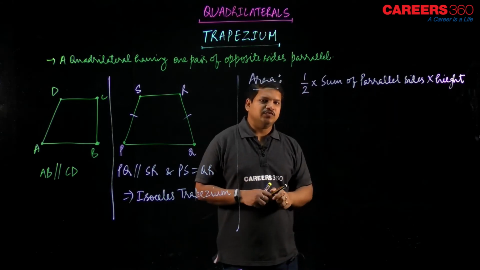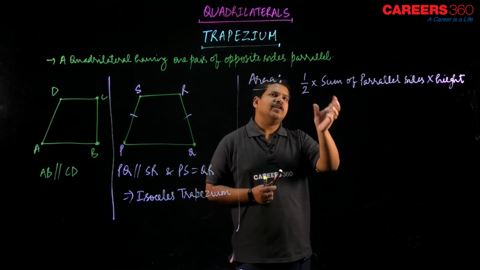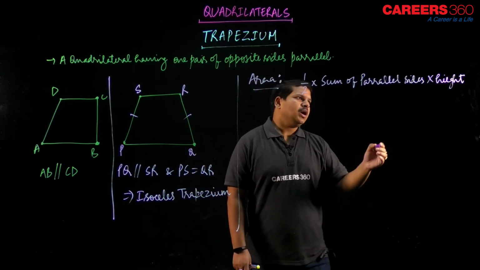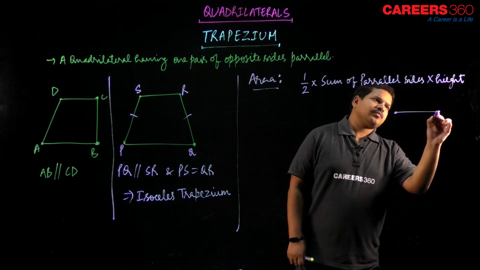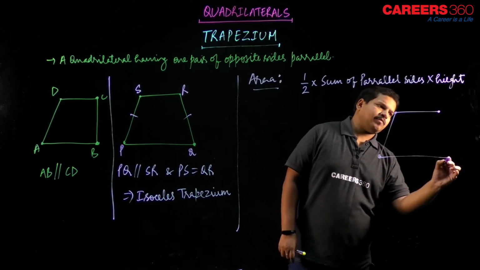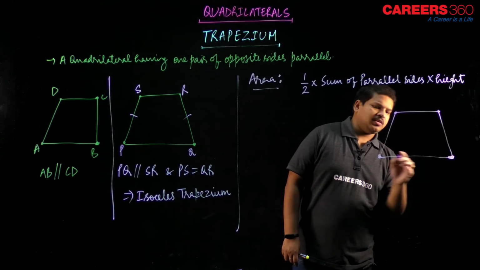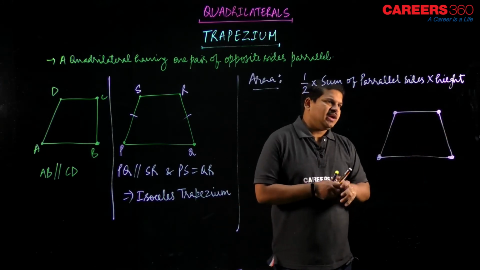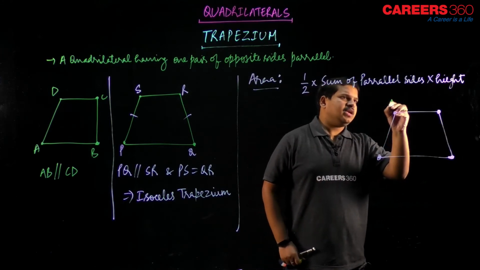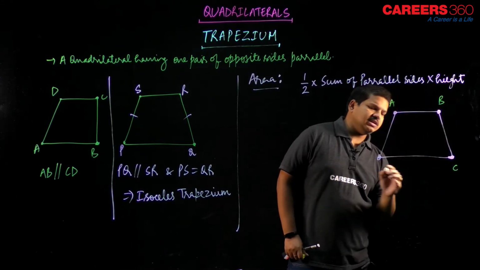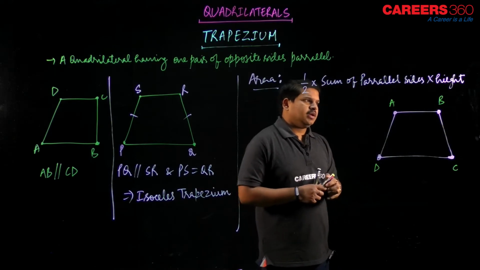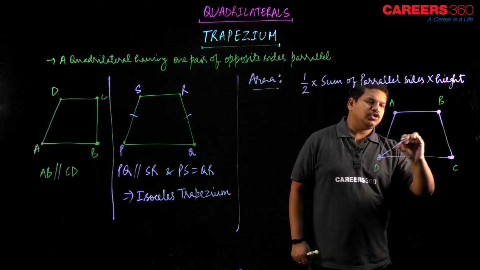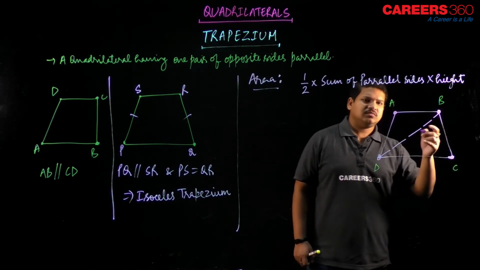Now let's prove that. How have we arrived at this result? I am going to draw a trapezium over here. We already have drawn one trapezium over here, and let's name it A, B, C and D. Now I am going to divide this trapezium into two parts.